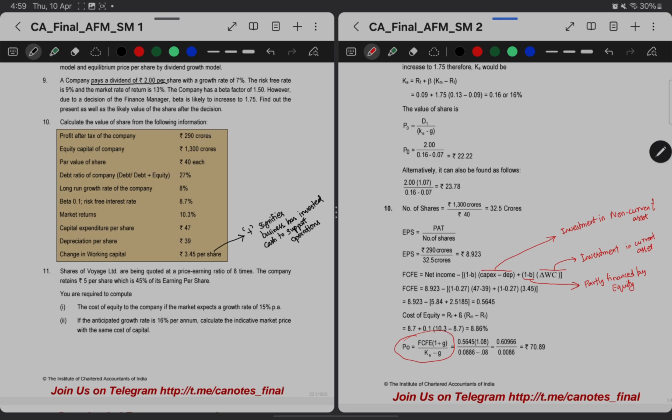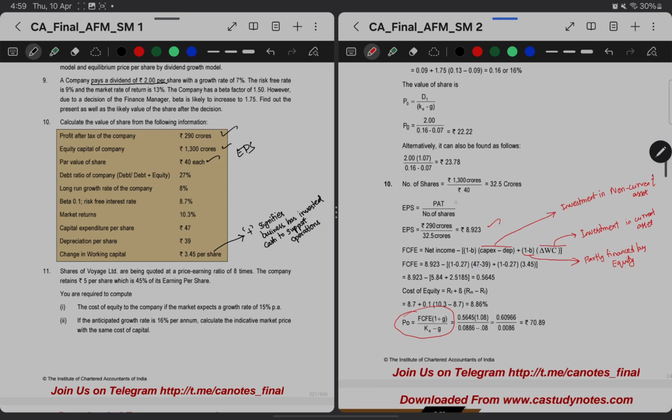So they have given profit after tax, then equity share capital, then par value of share. If we divide equity share capital by par value, we will get the number of shares. Now, EPS we found out by PAT, profit after tax, divided by number of shares.